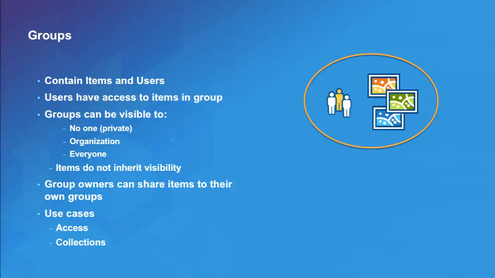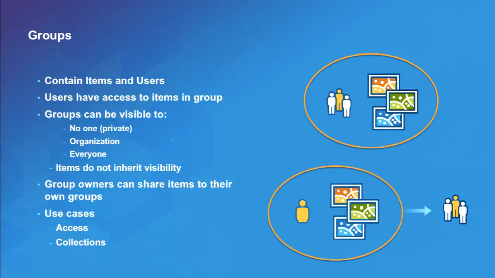And another thing on groups is that group owners can share items that they can see, that they have access to, into their own group. And that allows them to create these collections of data. Usually it comes up with curated groups of items that you want to give to people.